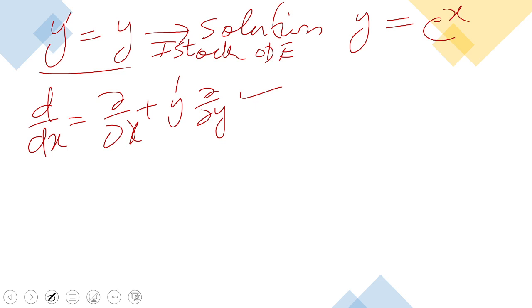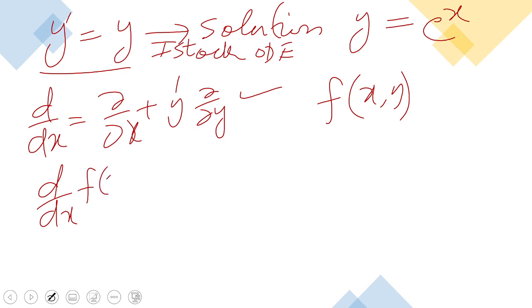So when I operate this on the solution space, my solution space in the first order is some function f of x y. I will operate this d by dx on the solution space f of x y.